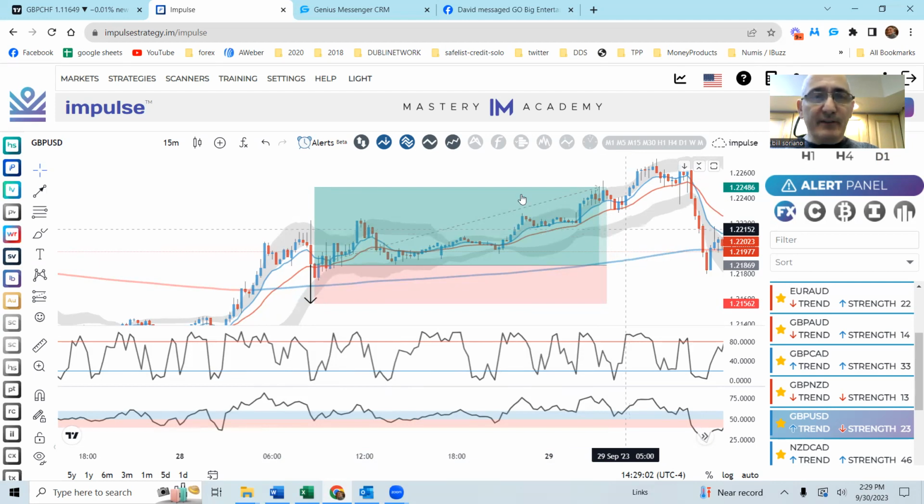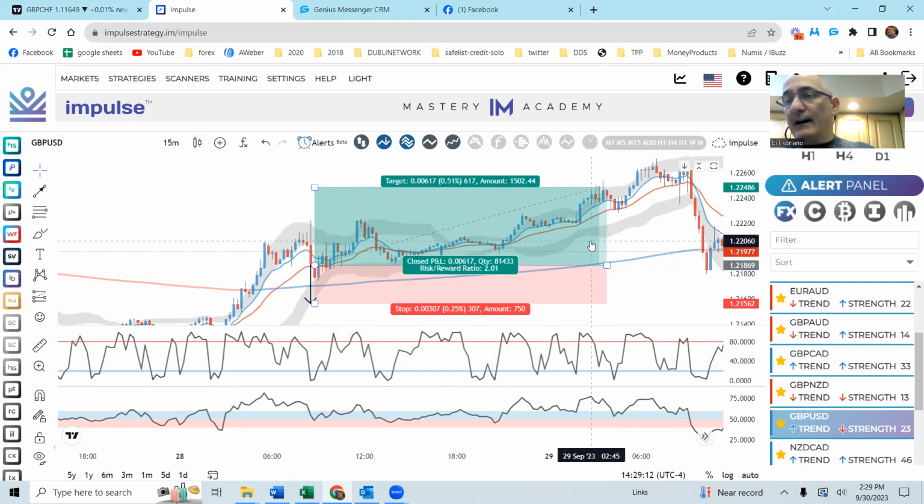Okay, so this is how you use the impulse scanner to take trades using the 4 built-in indicators and the color-coded system.